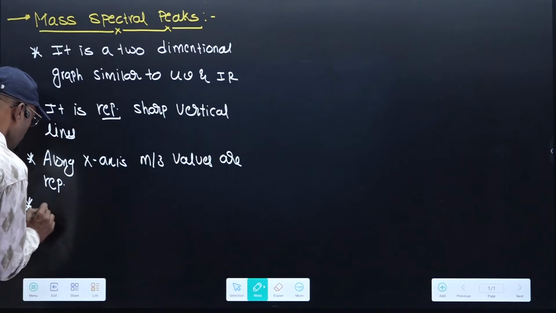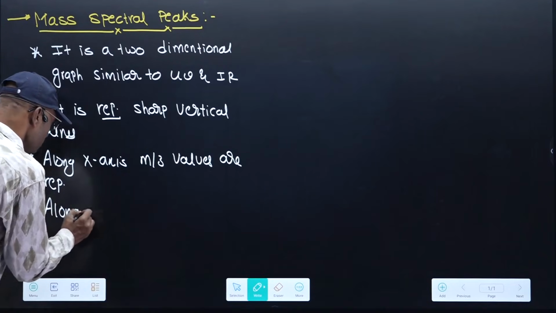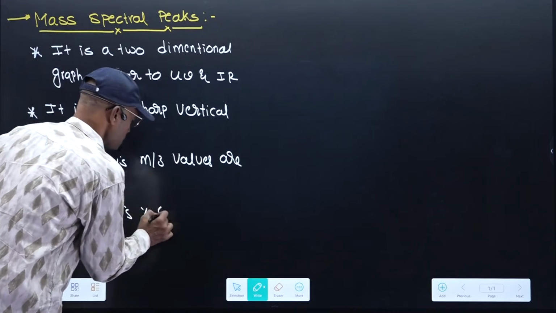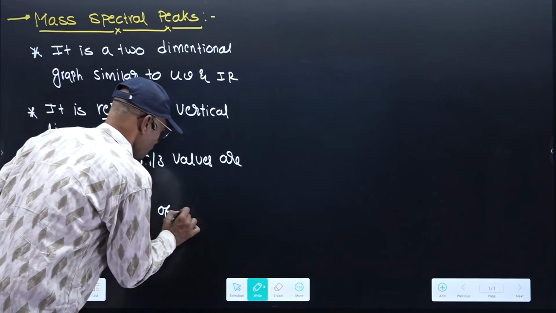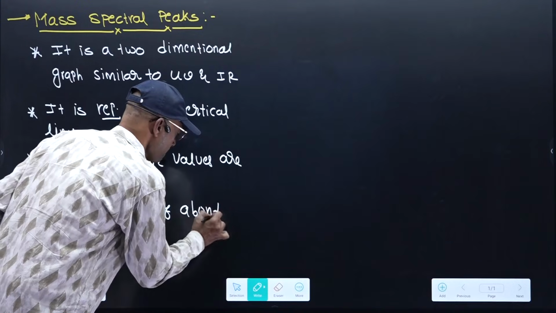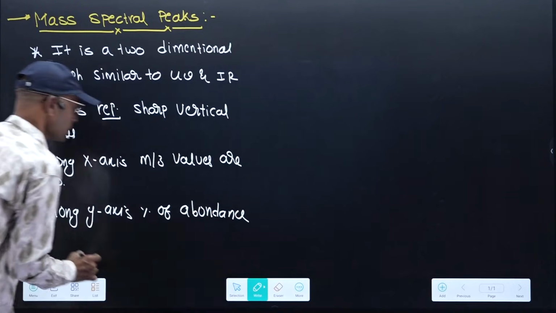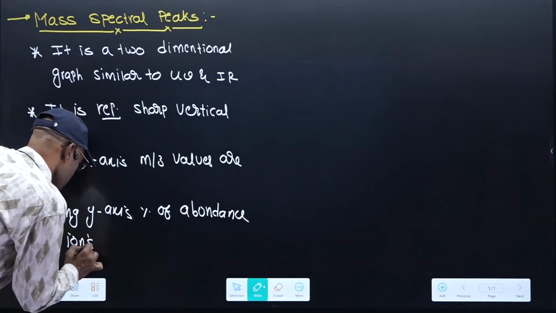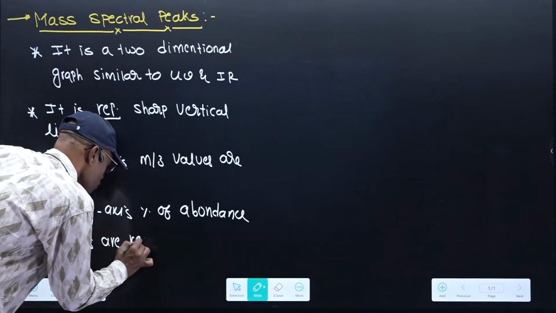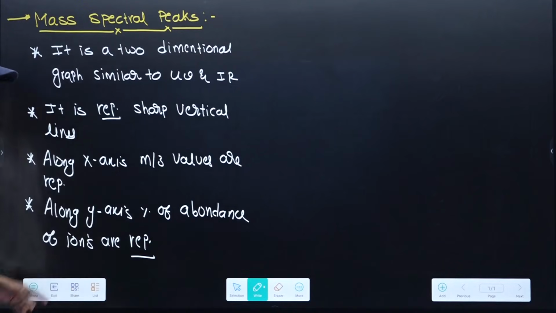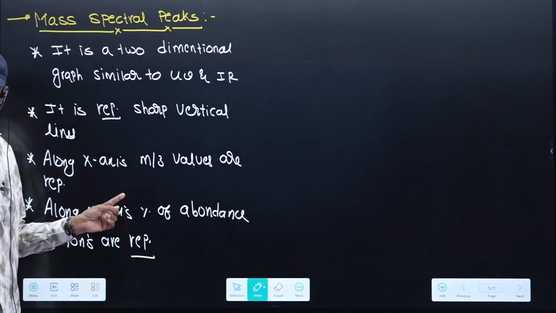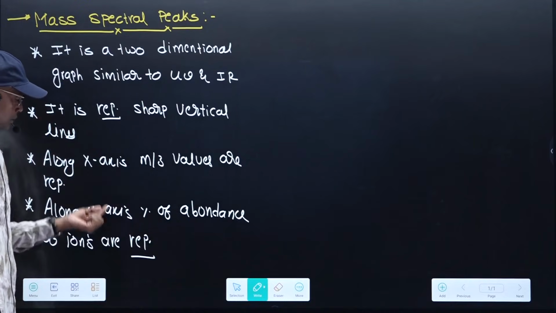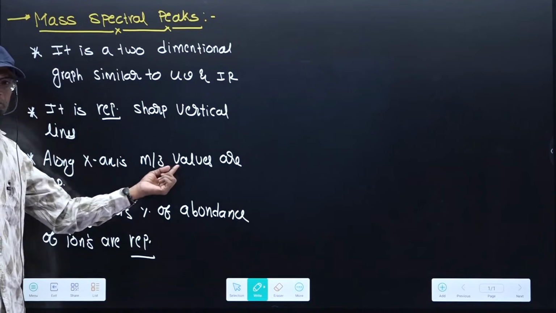Then what about the y-axis? Along the y-axis, the percentage of abundance of ions is represented. So along the y-axis, percentage of abundance, intensity, or relative abundance is represented. Along the y-axis, abundance; along the x-axis, m/z value.